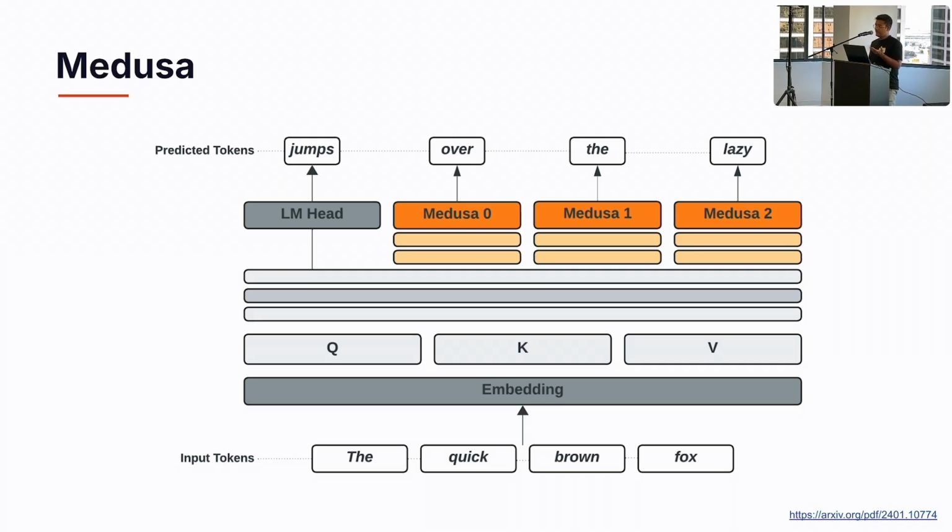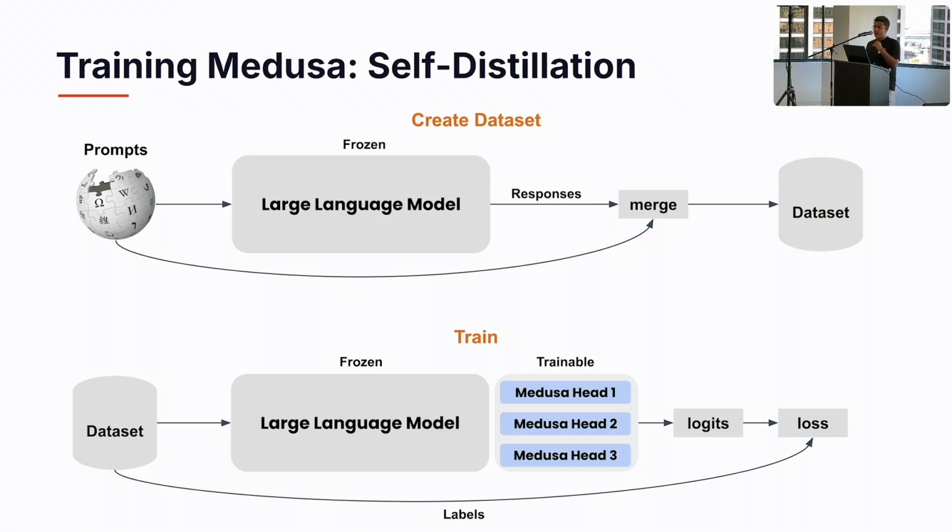And this actually works really well in practice. I'll show you some results in a moment. The question is, how does one train such a Medusa? There's a very simple general framework to think about. Let's say you have a chat data set. What you can do is take all the user queries, pass them through the model, and generate the assistant outputs, which is what the model would generate if you were to chat with it.